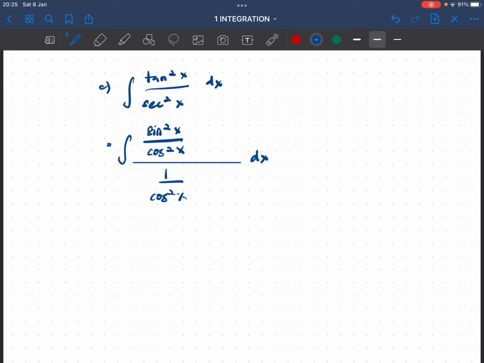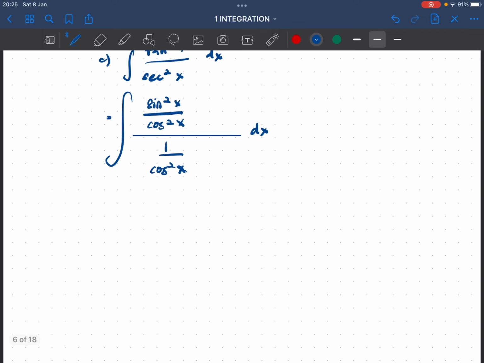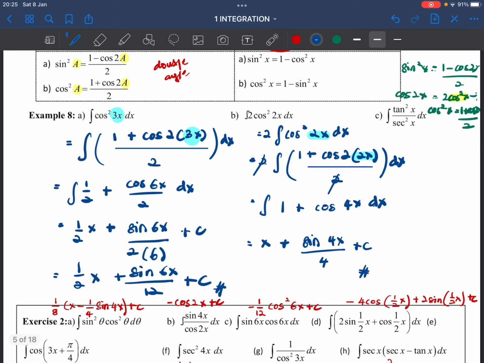Now we just want to simplify our question. There is a big integral here. So simplify. This one can cancel out, which means we end up with integrate sine square x. We cannot use the power rule because sine x is not linear. So what are we going to do? We have to use this double angle formula.